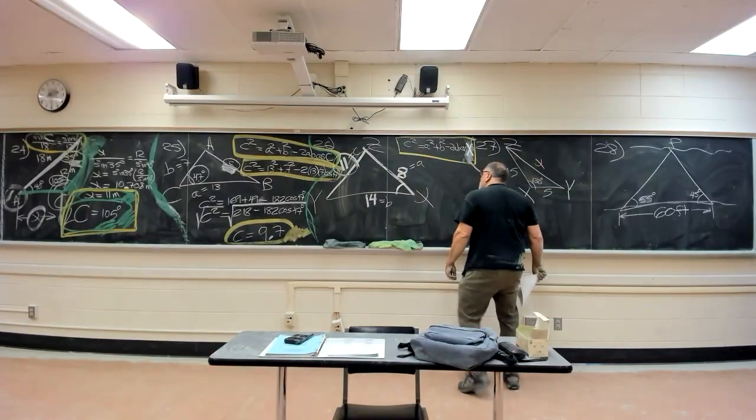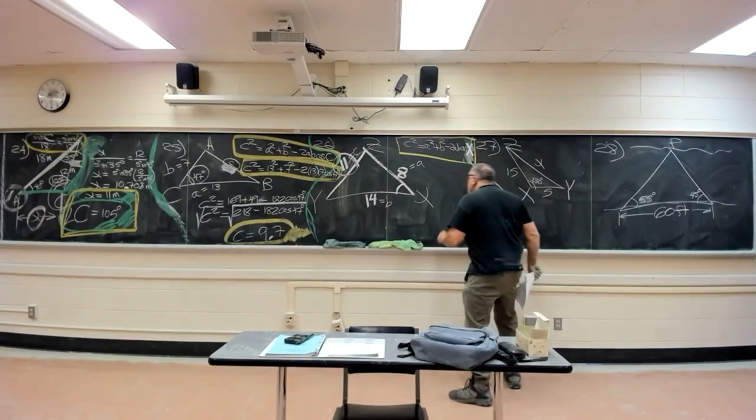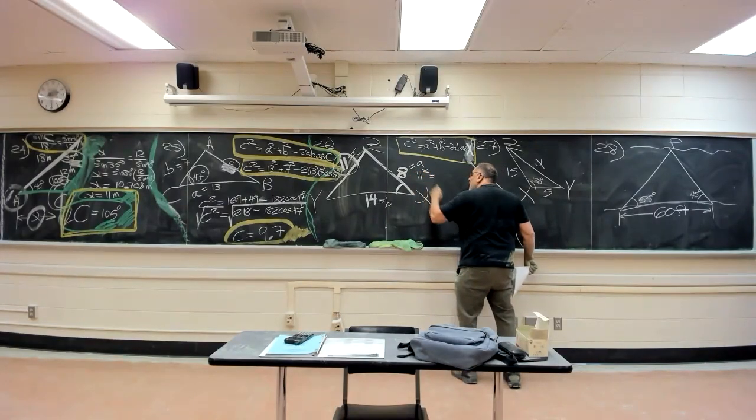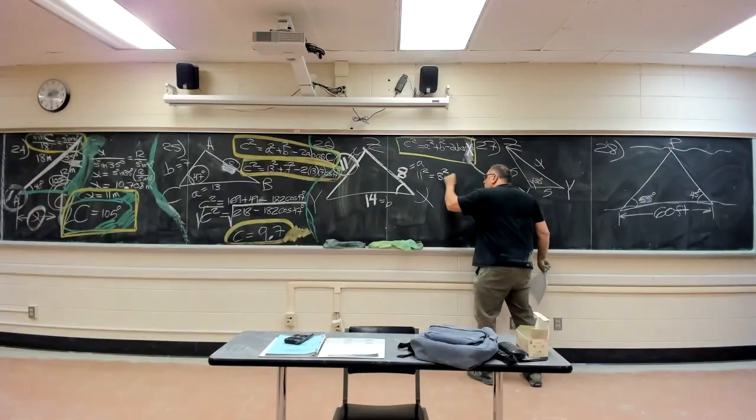Well, let's do as much math as we can. We're going to call C 11. C is 11. We'll square it. A is 8. We'll square it. B is 14. We'll square it.